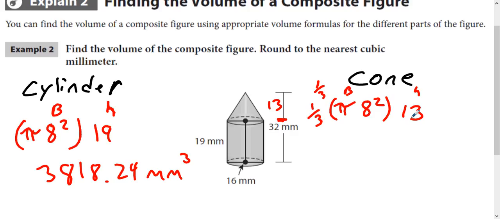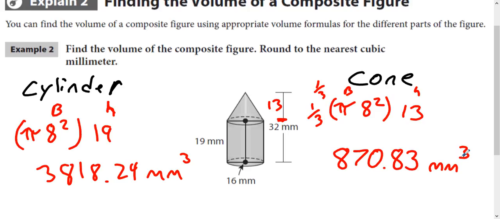So we multiply that out. 8 squared times 3.14 times 13 divided by 3, because it's a cone. So we found the two shapes, the cylinder and the cone, separately.